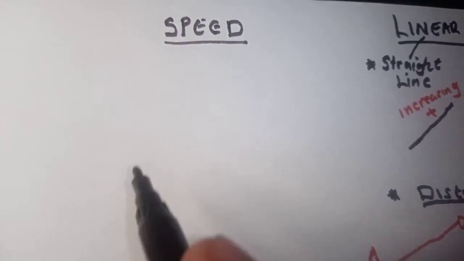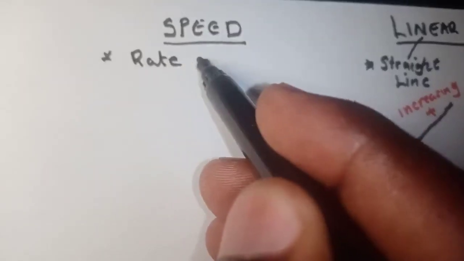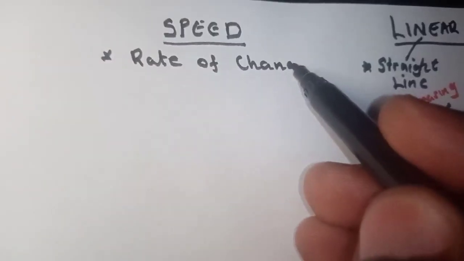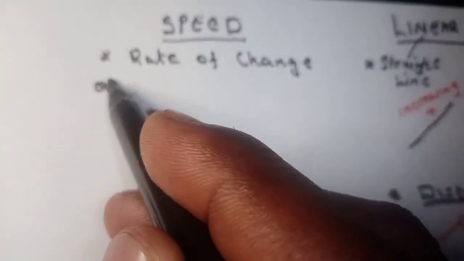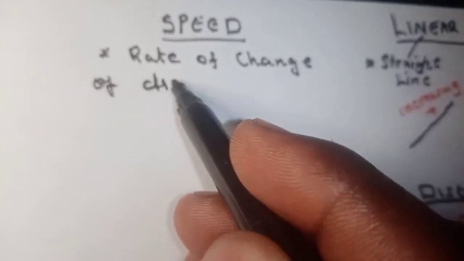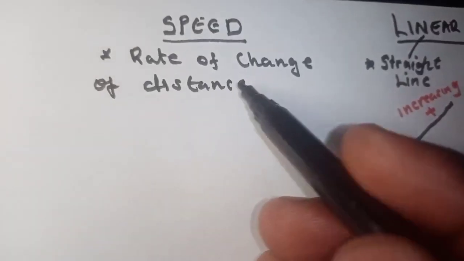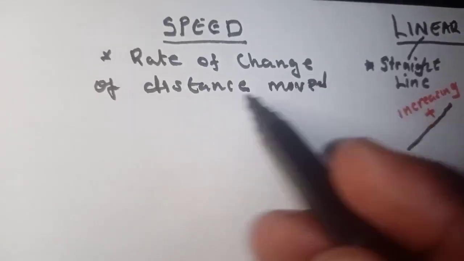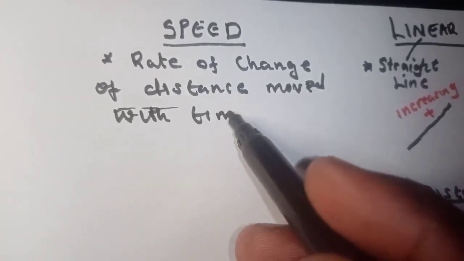So speed, by definition, is the rate of change of distance moved with time.